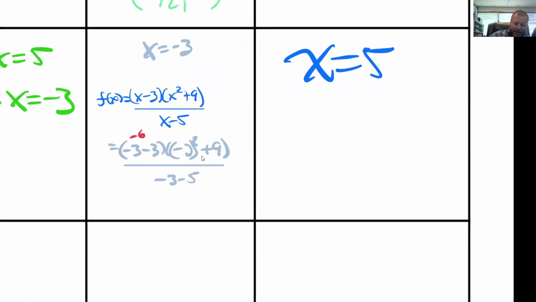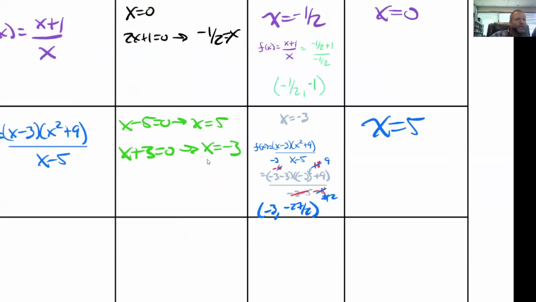This is going to be 9 plus 9, that's 18. And I have -3 minus 5, so that's going to be -8 in the bottom. What can we cancel? There's a 2 that goes into that, so that's going to be a -3 times 9 over 4. So -27 over 2. So -3, -27 over 2 would be the hole for that function.